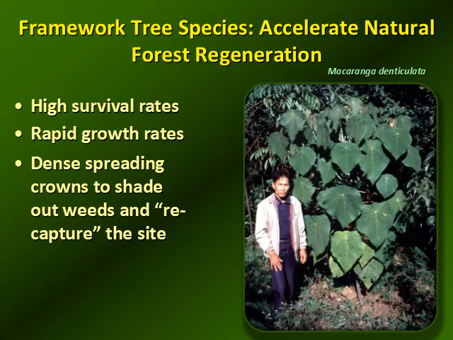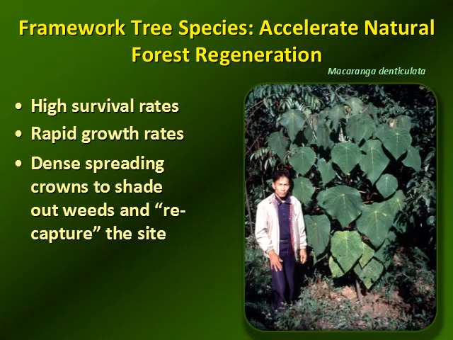They should also have dense spreading crowns to shade out weeds and what we call recapture the site. Recapturing the site is a critical point in the forest restoration process. It's the point at which tree crown cover begins to exceed ground flora cover.